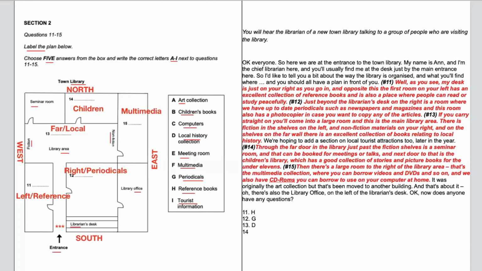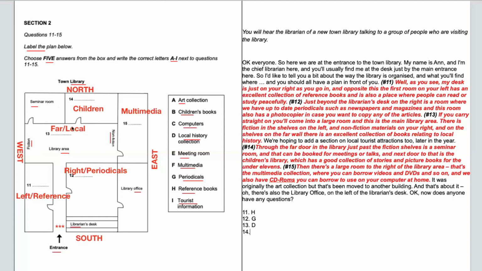Then continuing on, number 14, she says through the far door in the library. Now, these are not labeled as doors, but we can pretty much assume, and we can put two and two together and realize that these are doors. So through the far door in the library, just past the fiction, so here we are here, is a seminar room, and that is verified by our label here.